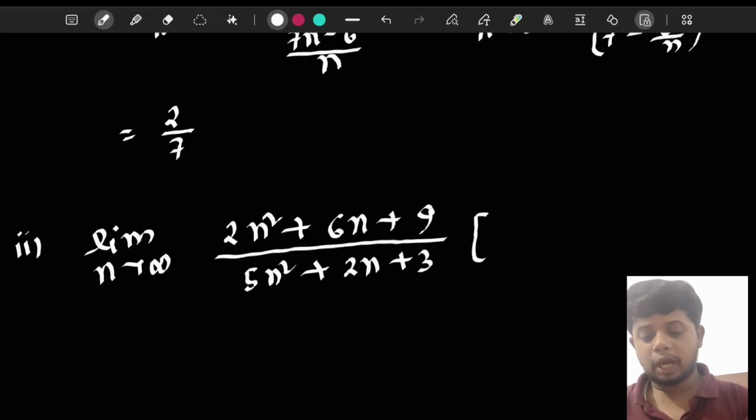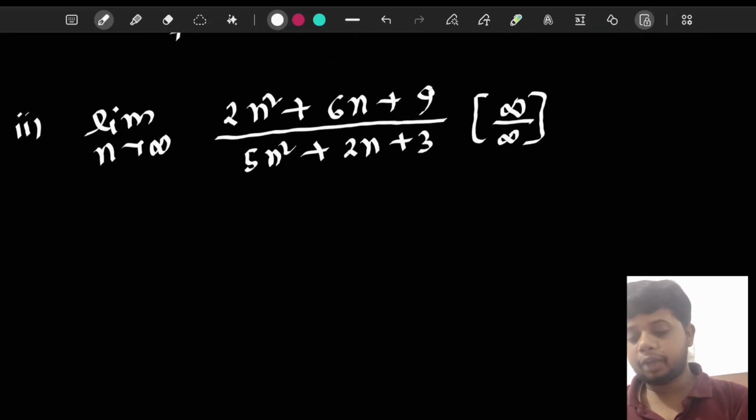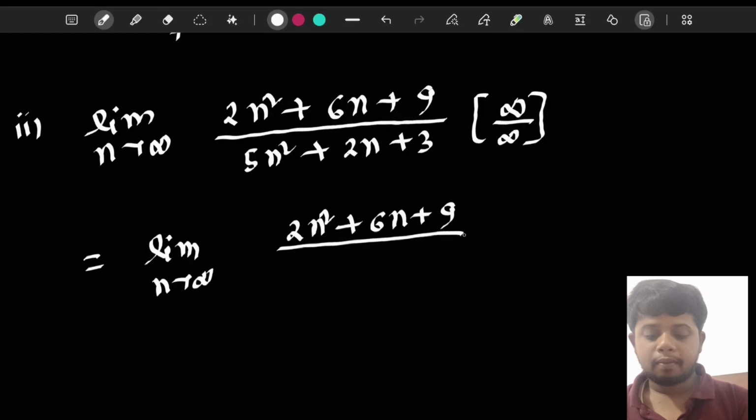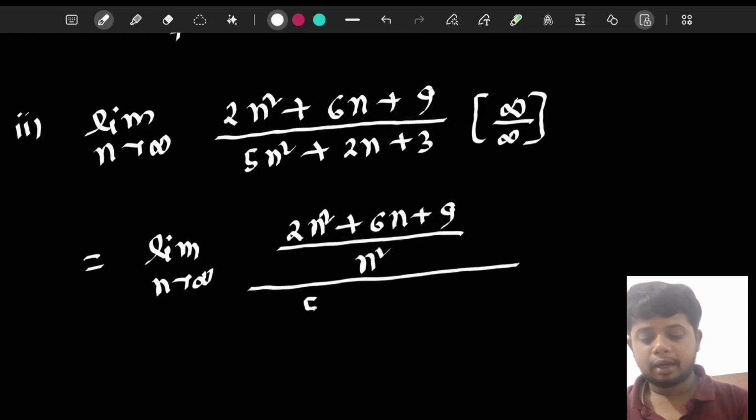Very good. If I put n tends to infinity, here also I get the infinity by infinity form, so we divide by n square.